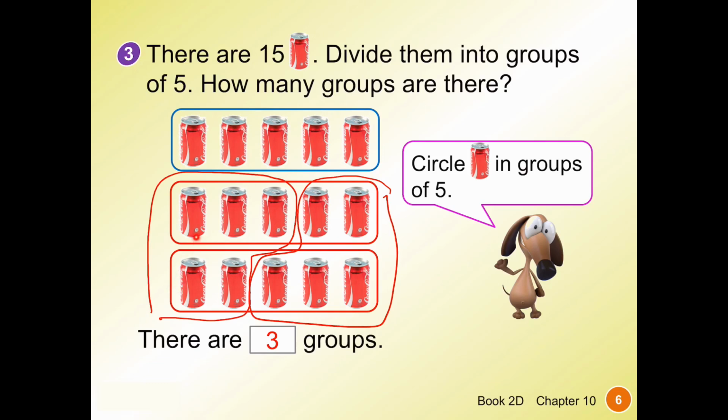If you circle it like this, it will be easier for you to see, especially if you have to circle more groups like on a quiz or exam. This is a more reasonable way to circle the Coke.